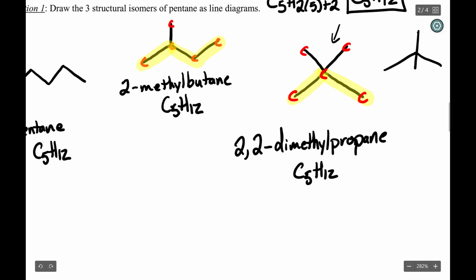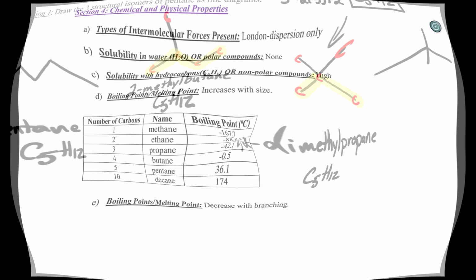And if you look this up, you may see it without the 2,2 written in front, because that's the only place we could put the methyl groups. If I put a methyl group off of the first carbon and got rid of one of those, this would just become butane again. The only location you could put the methyl groups is on the second carbon, and therefore sometimes they don't write the 2,2 at the front and rather just call it dimethylpropane.